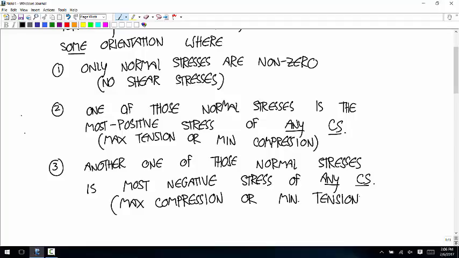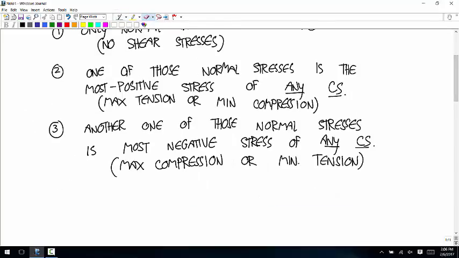So, I'm going to talk about what all these mean a little bit when I'm done, but these are surprising things. Well, the third one isn't so surprising. The third normal stress is just between the most positive and most negative, and it doesn't really tell you anything specific.